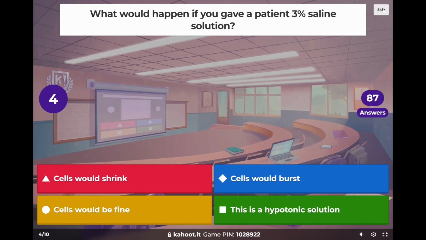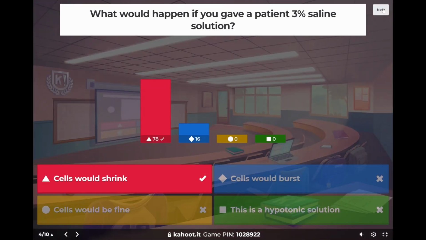Burst and hypotonic. Okay, there are 2 answers that are the same. Cells would burst if it's a hypotonic solution. We know if you give someone a hypotonic solution, the cells swell up. Well, here we're talking about 3% saline, so it's a hypertonic solution.